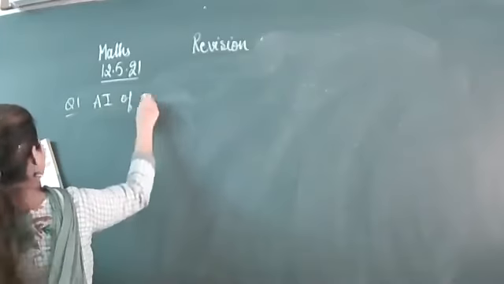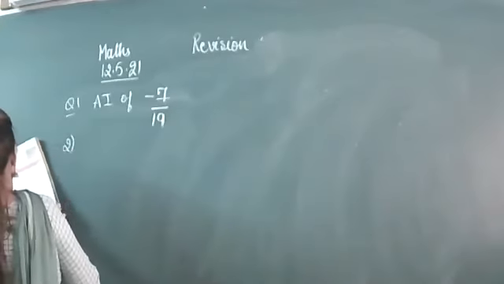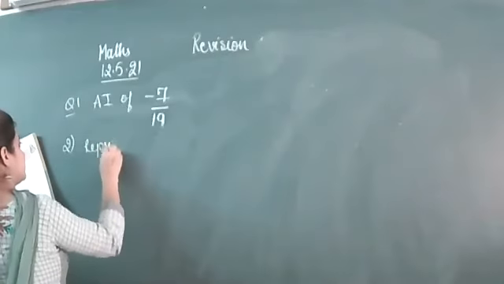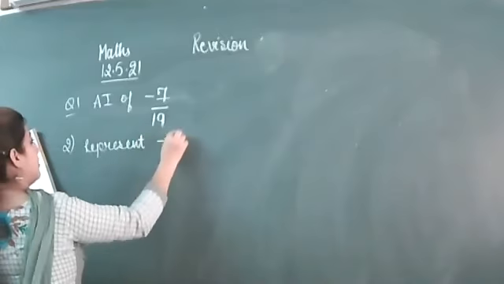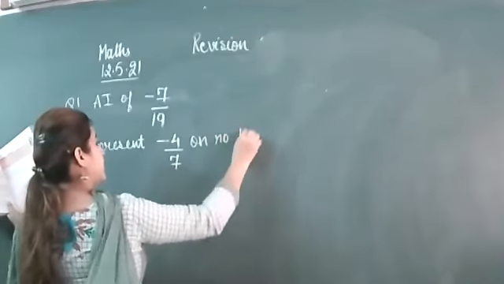Additive inverse of minus 7 by 19. Represent minus 4 by 7 on number line.